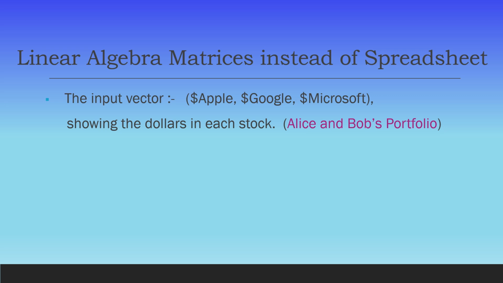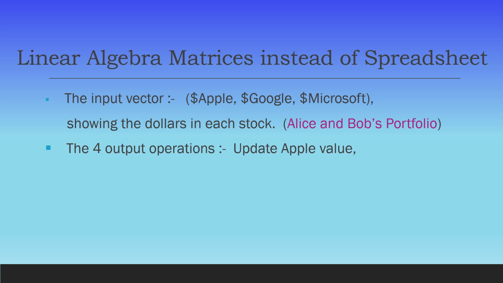And here let us use two commonly used placeholder names, Alice and Bob. So the input vector will be Alice and Bob's portfolio in these three stocks, that is Apple, Google, and Microsoft. And we need four output operations.